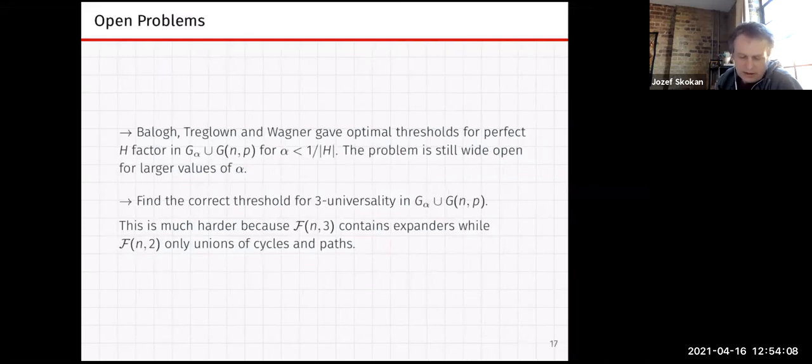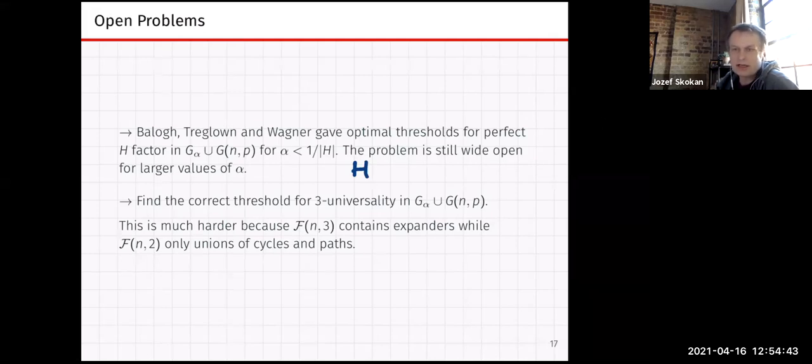The open problem here is, of course, what happens for general H. So take your favorite H. Balogh, Treglown, and Wagner gave the optimal threshold for a perfect H-factor if your alpha is smaller than 1 over the size of H. But unless your H is cycles, which we did in separate work, or a clique, it's not clear how this all should work.